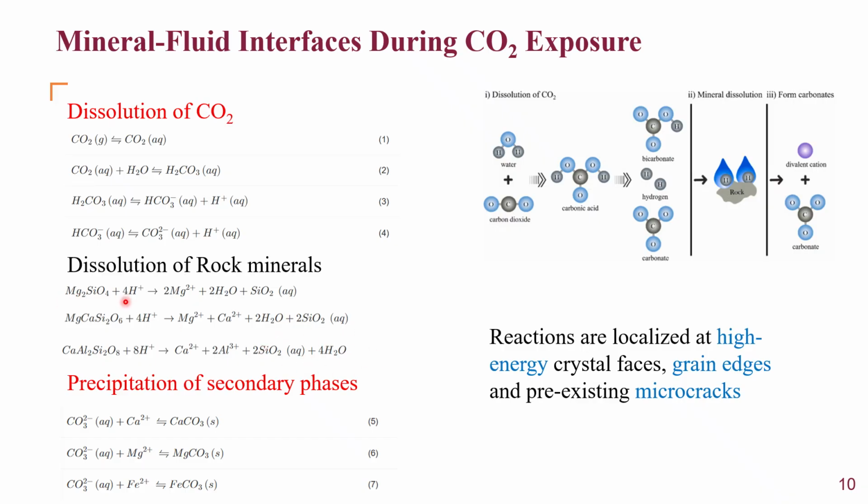Yes, we can see here that olivine is being attacked by the H+ in the acidic medium to produce some magnesium 2+. The same is seen for this plagioclase, and then this clinopyroxene also releasing calcium 2+ and aluminum 3+.